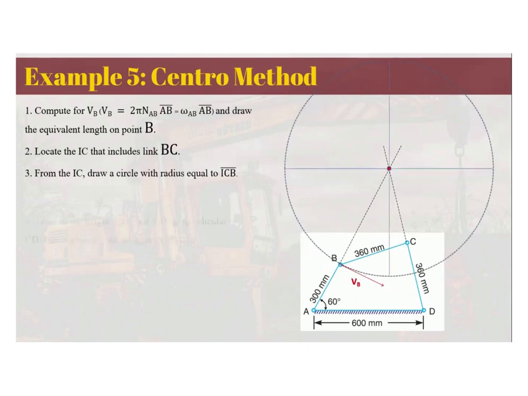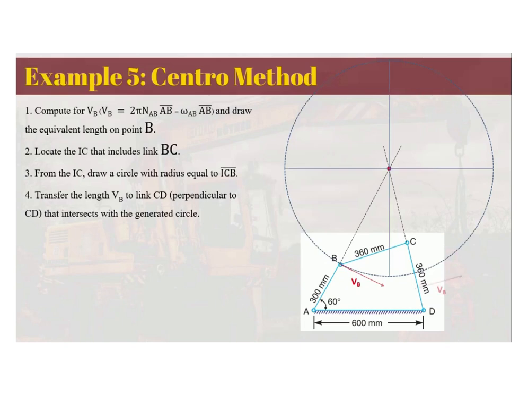This should include your known velocity. And then transfer the length VB to the line perpendicular to CD that intersects with the generated circle. So from the center to the line joining CD, you're going to move the velocity of B to that circle, tangent to that particular line.